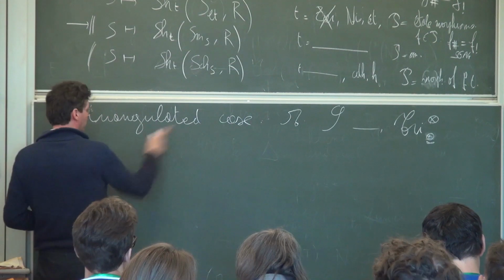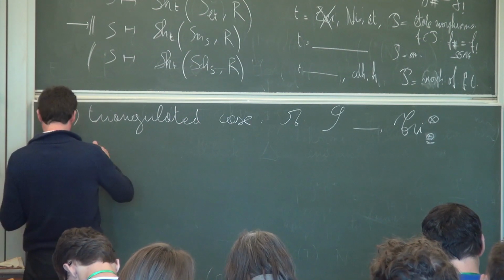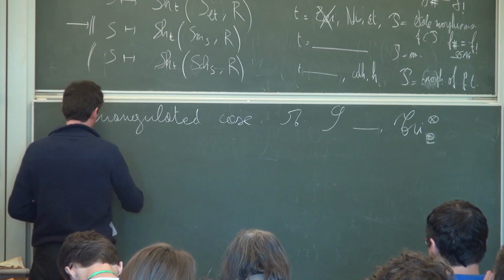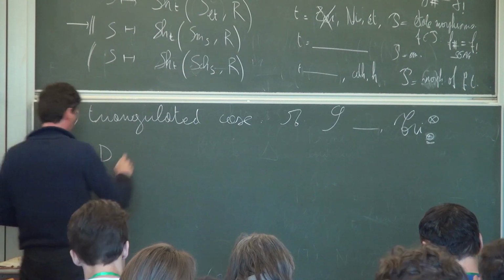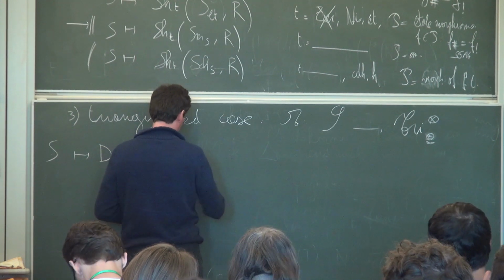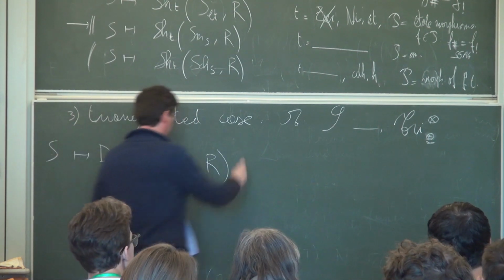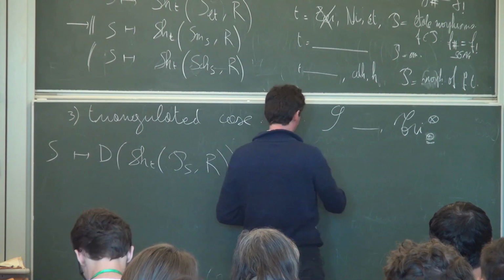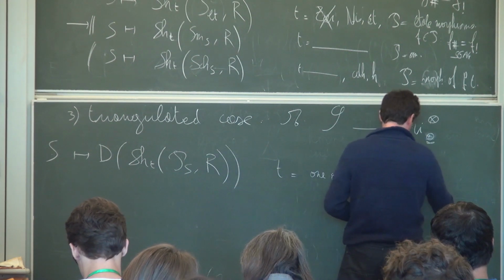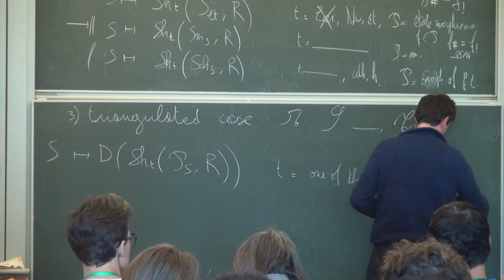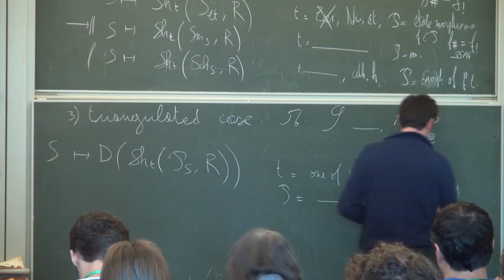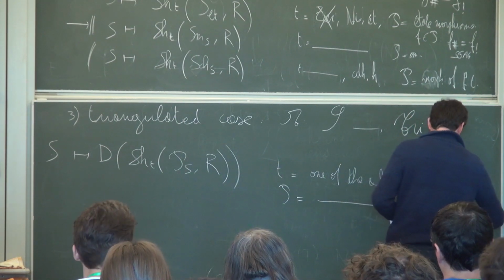Because we want infinite coproducts, these are all given by the following: to S you associate the derived category of sheaves on T on P of S, where T is one of the above topologies and P is one of the above classes of morphisms.